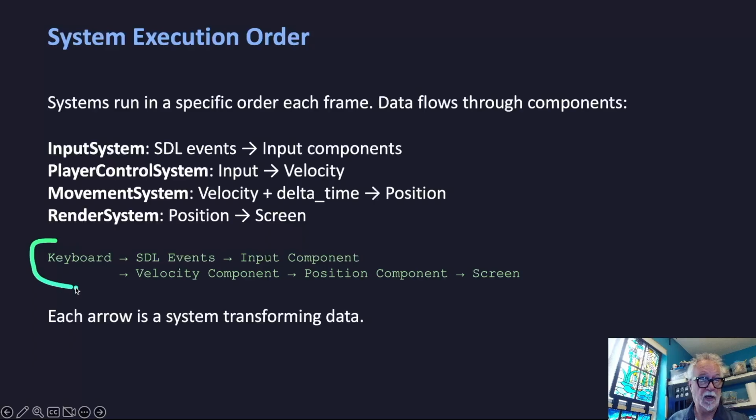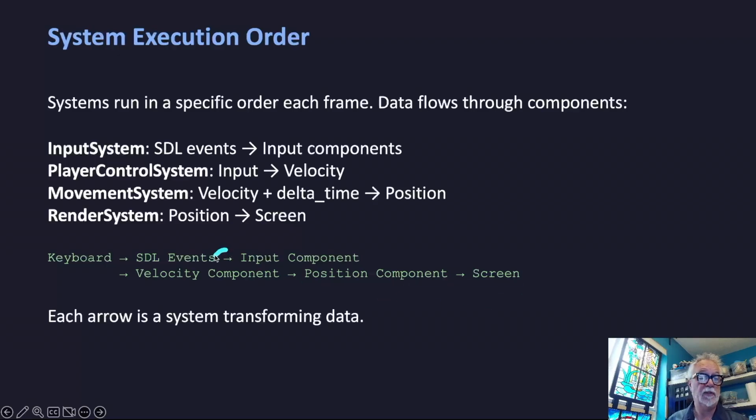This is how we are transforming our data. The keyboard, which is an operating system, goes into SDL events or keyboard map, and then we have a system that maps that keyboard map into the input component, and then we have a system that looks at the input components, sets a velocity component, and that velocity component, if it's present, updates the position component, and then that gets rendered to the screen.